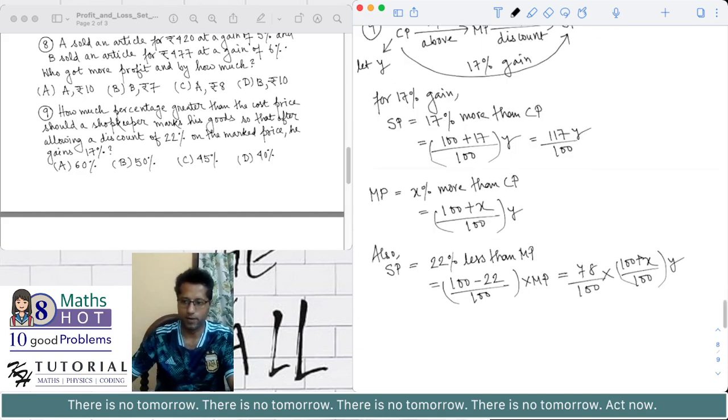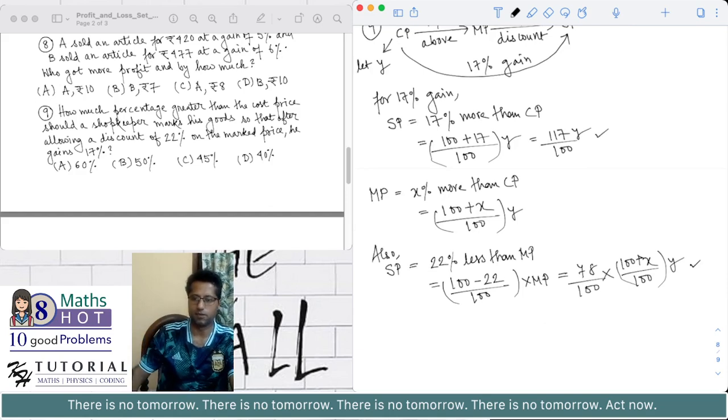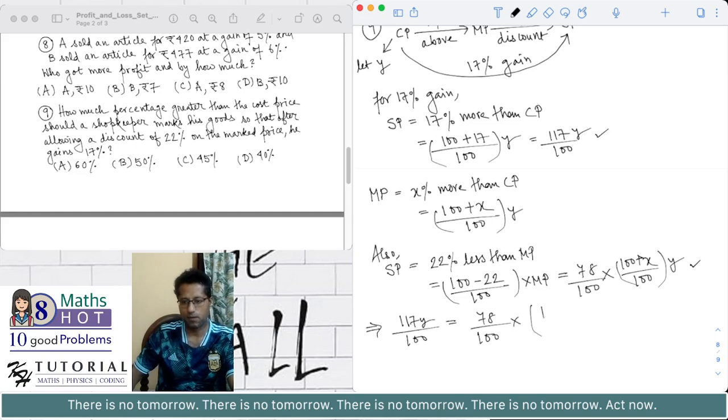So now we can equate this and this, they are the same selling price. So 117 by 100 is equal to 78 by 100 multiplied by 100 plus X by 100 multiplied by Y. So Y cancels out.